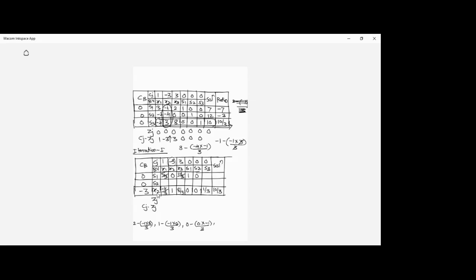Similarly, for the next we write 0 minus minus 1 into minus 1 divided by 3, and the value will be 1 by 3. Proceeding ahead for the solution, we can write 7 minus minus 1 into 10 divided by 3. If you do the calculation, the answer will be 31 by 3.